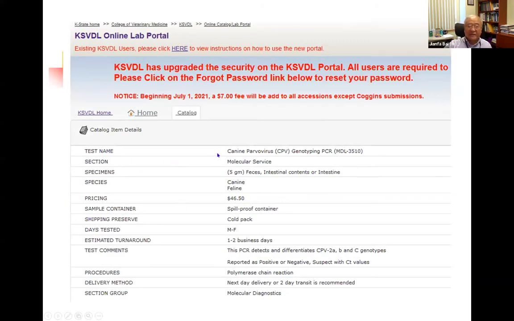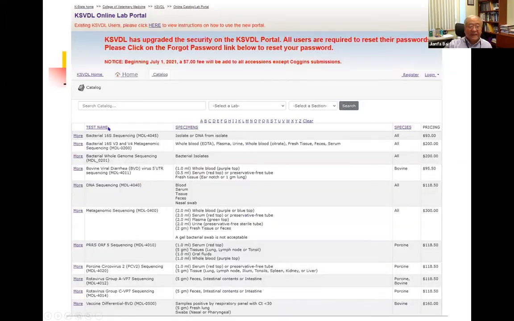For example, this canine parvovirus PCR differentiates 2A, 2B, and 2C strains, and it tells you what kind of sample you need to submit, what the cost is, etc. Also, if you put sequencing as a keyword in the search, you get a list of first and second generation sequencing tests available on the website.